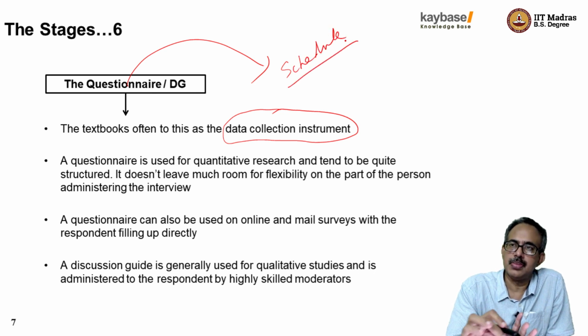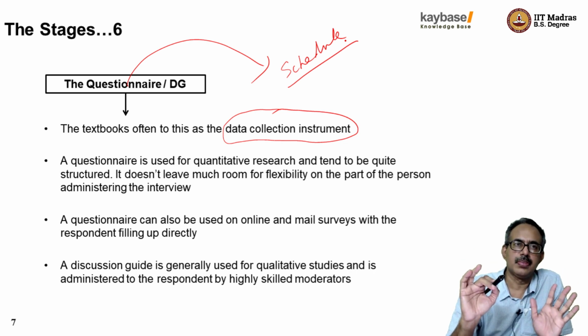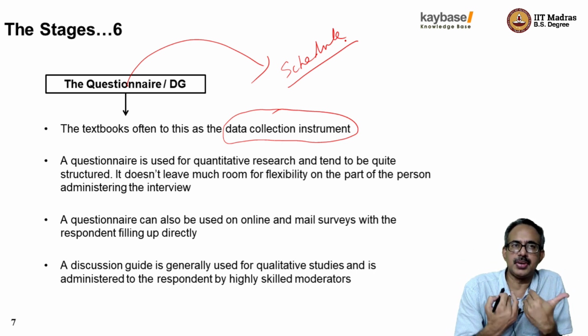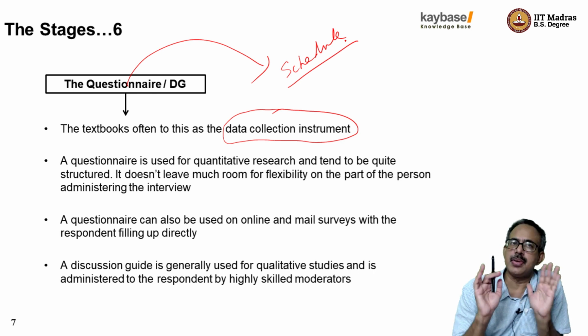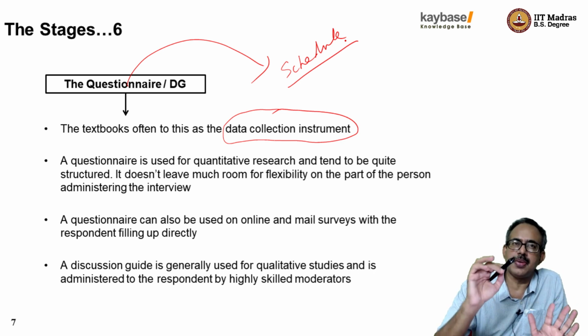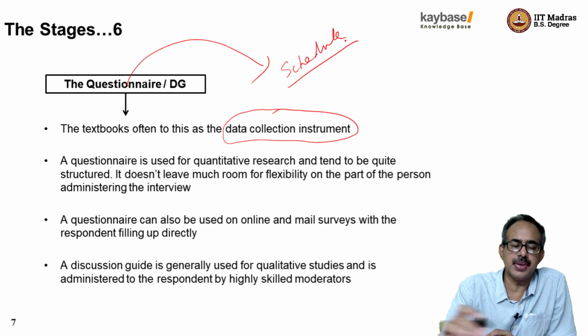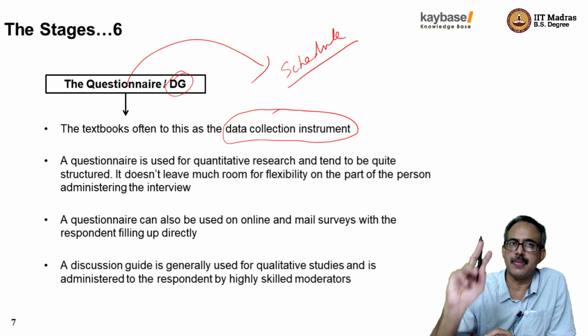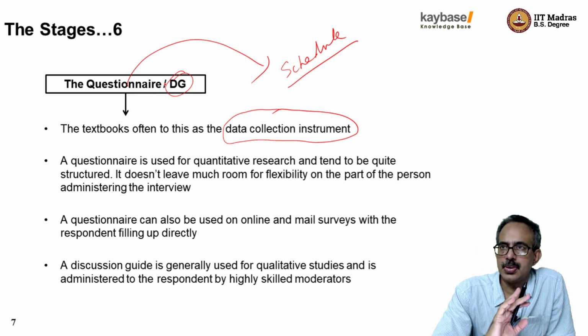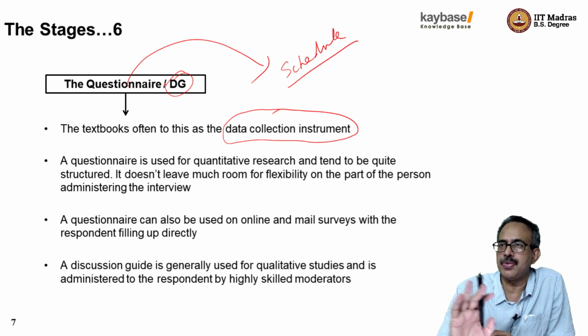Just forget all that. Just call it a questionnaire. Right? We are talking about market research as practiced in the industry. If it is used in quantitative research, it's called a questionnaire. If it is used in qualitative research, it is called a discussion guide. That's all. There are only two things here. There's no need to get drawn into any other kind of confusion in terminology.